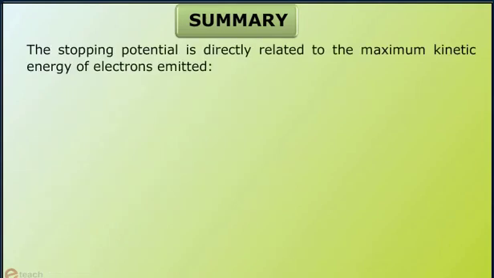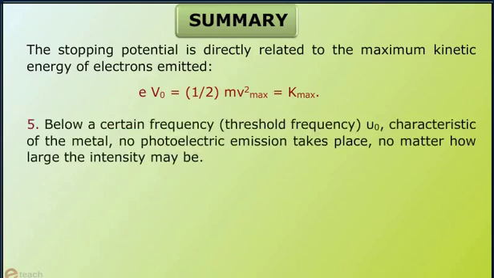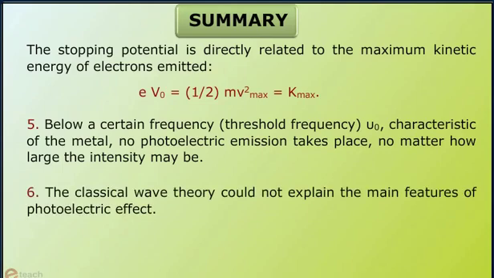The stopping potential is directly related to the maximum kinetic energy of the electron emitted, that is, eV0 = 1/2 mv² = Kmax. Below a certain frequency, or threshold frequency ν0, characteristic of the material, no photoelectric emission takes place, no matter how long or intense the light may be.